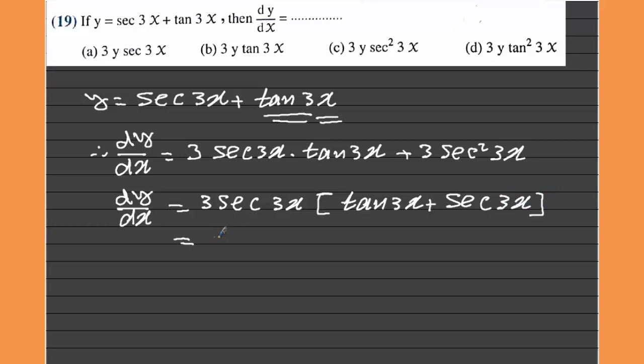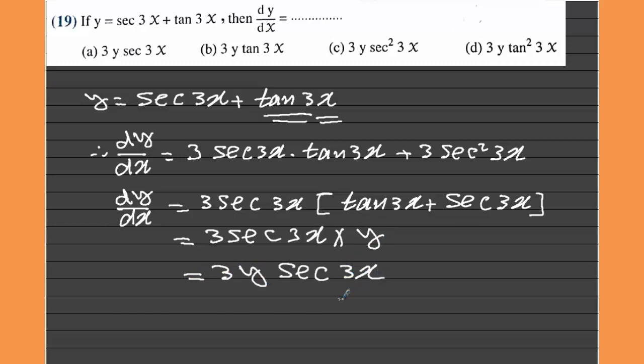So the result equals 3 sec 3x multiply tan 3x plus sec 3x, which from the given equals y. So the final result equals 3y sec 3x. And the solution is letter A.